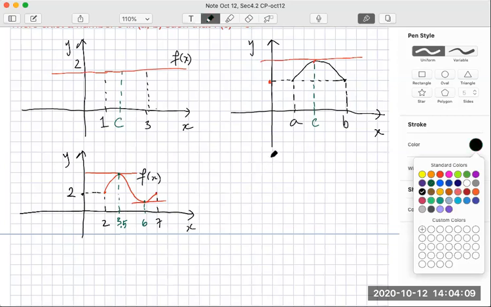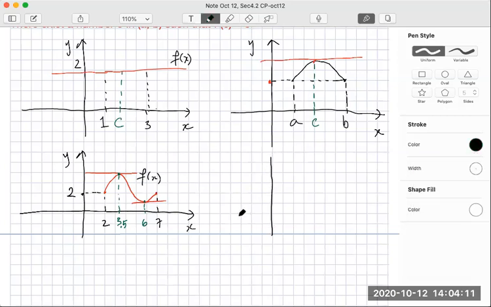And it may look like this, x and y here. If this is a and this is b, let us write a and b in general here. And f(a) and f(b) are equal to each other, the same story.